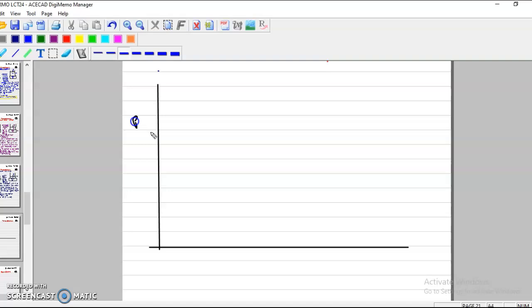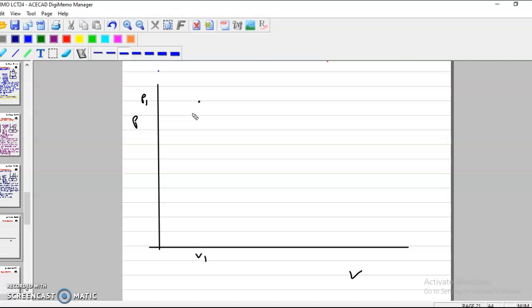This graph is pressure versus volume. Okay. So initially we are here where the pressure is P1 and volume is V1. So this is the original state where pressure is P1 and volume is V1. We consider this as the initial state, step 1.